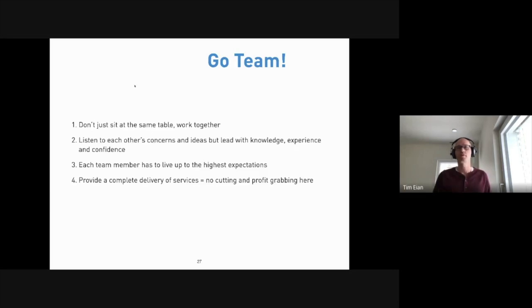So it's really important to set expectations around that at the beginning of the project and say, we want a complete delivery of services, nothing more, nothing less, and we want that for a fair price. Just because we call it Passivhaus or something else is not the license to, again, double or triple fees for the same work.